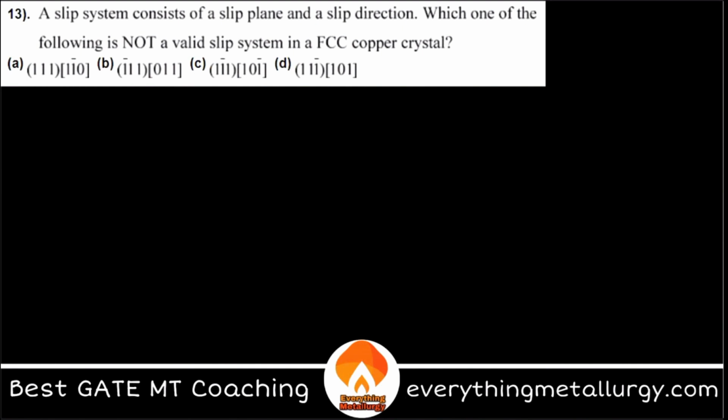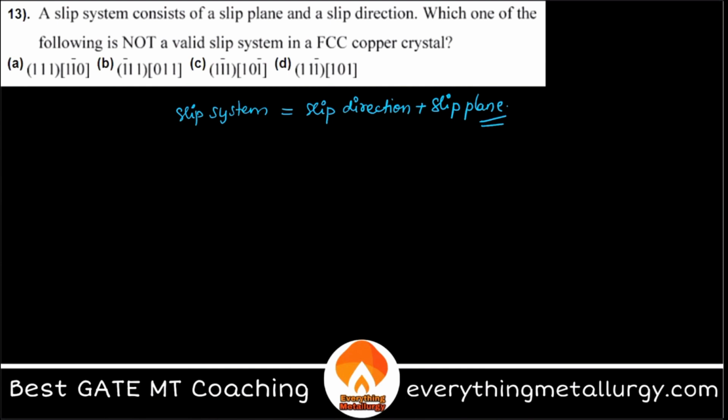Fine. Okay, so let's discuss the third question for the day, which is asking about a slip system. A slip system is nothing but a combination of slip direction and slip plane, right? We know what slip planes and slip directions are.